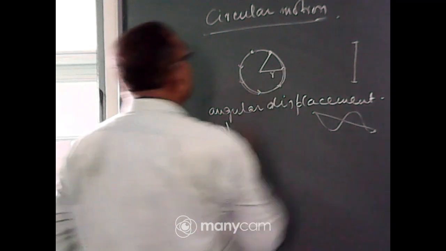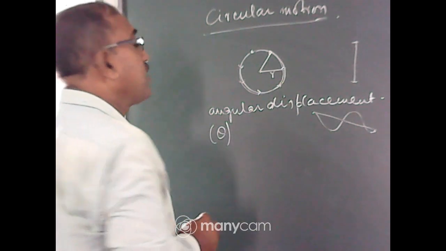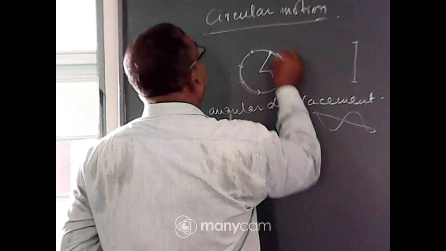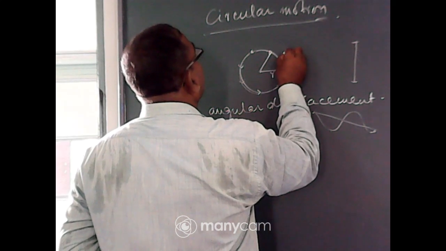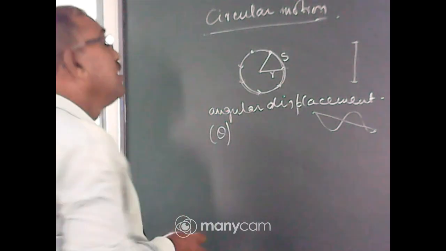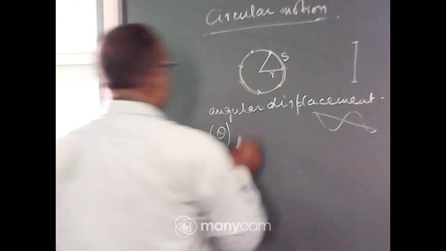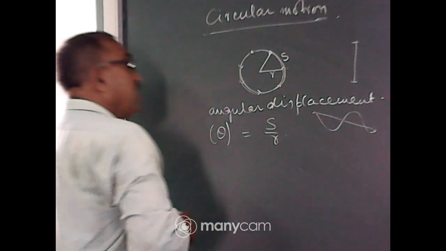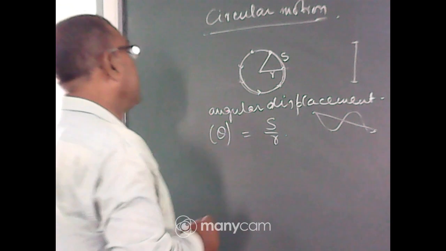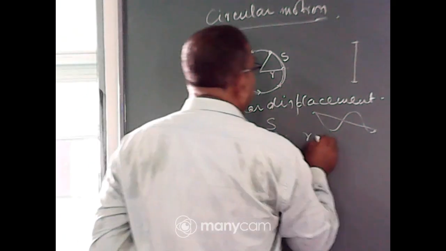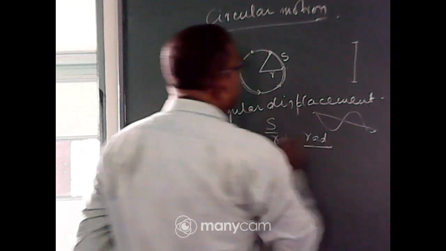If the radius of the circular path is r and after time t it covers a distance, that distance is the arc of the circle, s. Theta equals s by r. The unit of theta is radian.